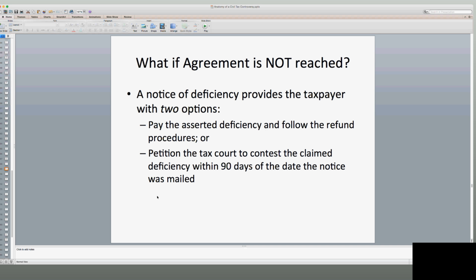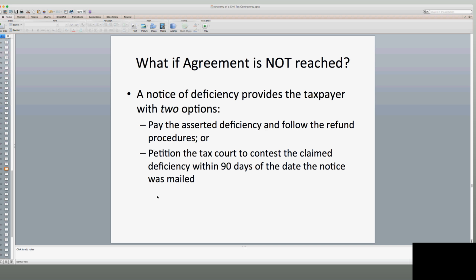And so what they wind up doing is balancing to determine whether it's even worth going forward. Is the money that I'm going to pay my tax professional worth taking this gamble, or should I cut my losses and just pay the asserted deficiency? And in some cases, the cost of hiring the attorney is even more than the asserted deficiency. So, in those cases, the taxpayer might just cut his or her losses and reluctantly pay the asserted deficiency.